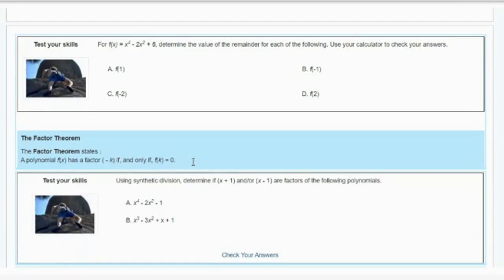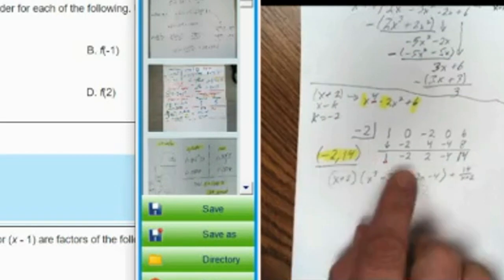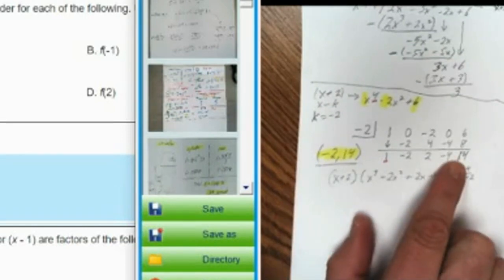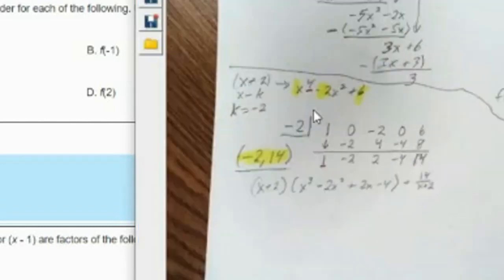So as we talked about, -2 is only a factor if the remainder is 0. If the remainder is 0, that means that is one of the factors, and that would be a solution, or a 0. X plus 2 would be. But since we had a remainder, our f of k was not 0, so it is not one of the factors. We couldn't factor that out of that equation because it leaves a remainder.